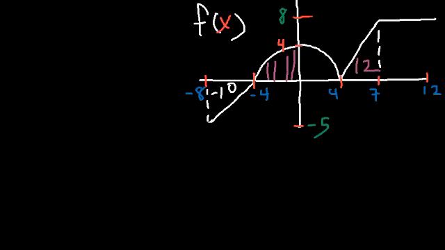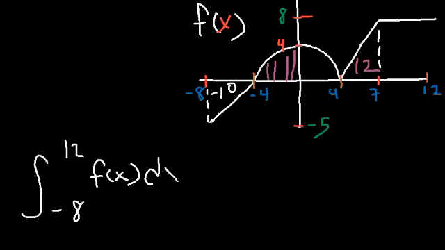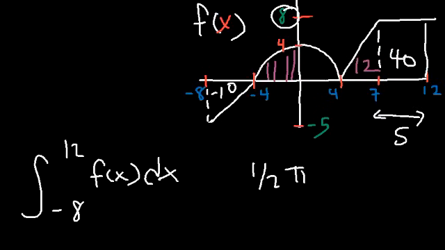Now, what is the value of the integral from negative 8 to 12 of f of x dx? So this is going to be everything. We have the area of this triangle, which is 12, and this one is negative 10. Now here we have a rectangle with a length of 5 and a height of 8. So the area of the rectangle is 40. Now for the semicircle, it's 1/2 pi r squared.